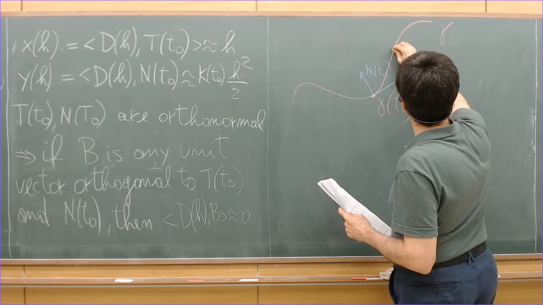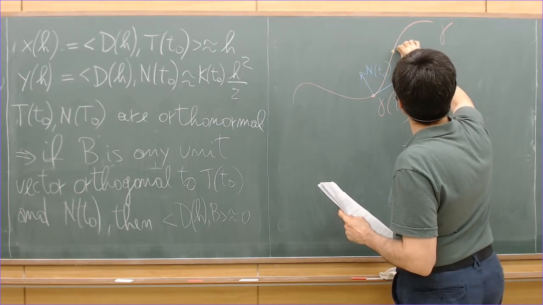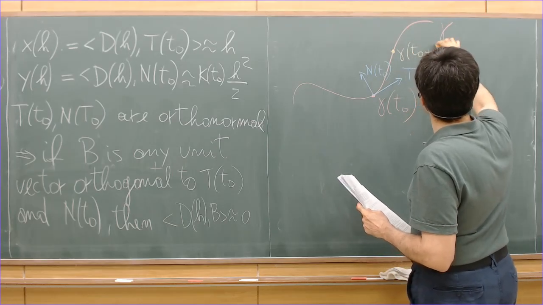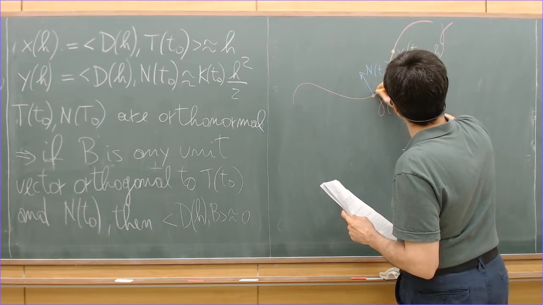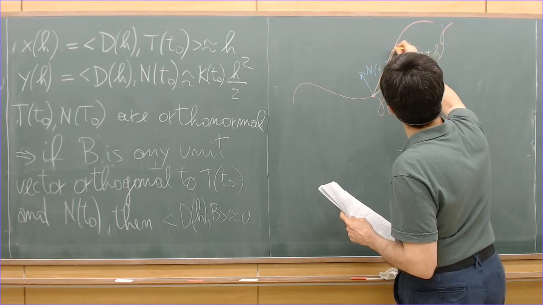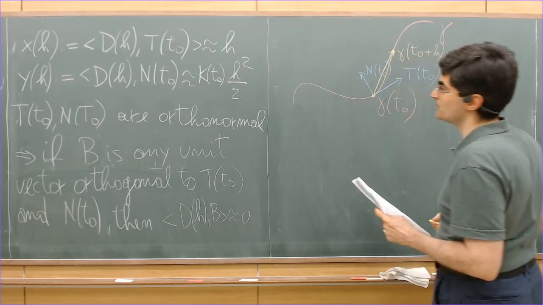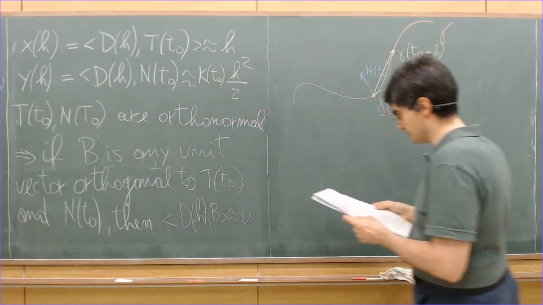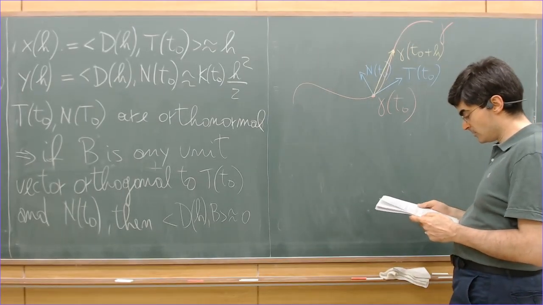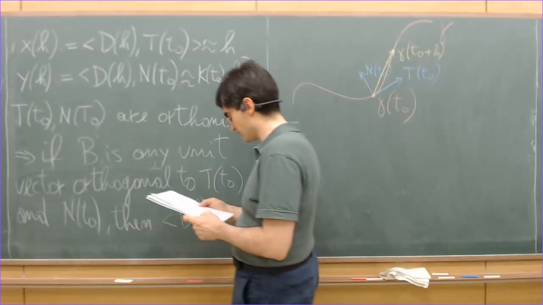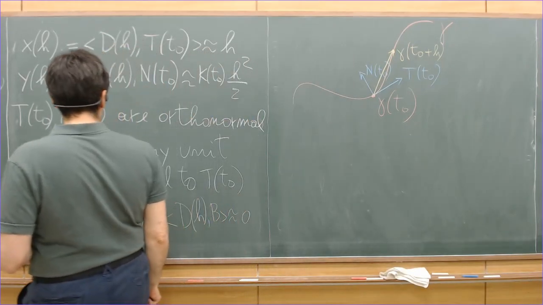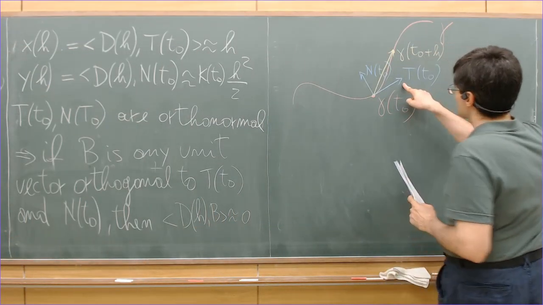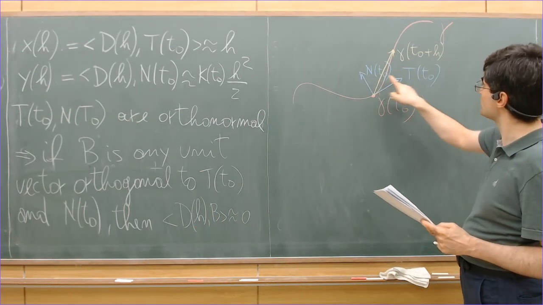Suppose that this is gamma of t0 plus h, then this vector here is the displacement vector D of h. And now let's give a look at the plane spanned by these two vectors.